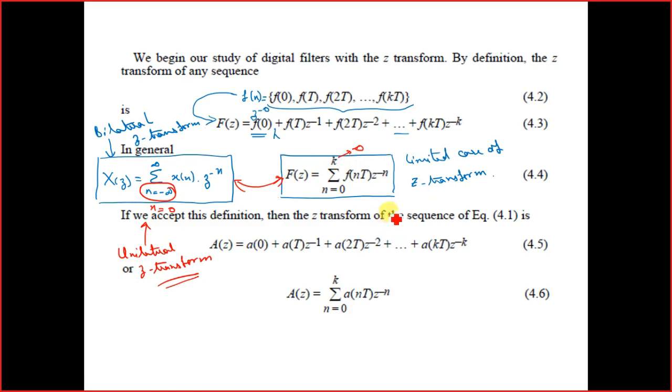So this Z transform which is used for filter designing is basically the limited case of the unilateral Z transform. In short, I am writing it as uni. Okay, so this uni stands for unilateral. Okay, so unilateral Z transform.